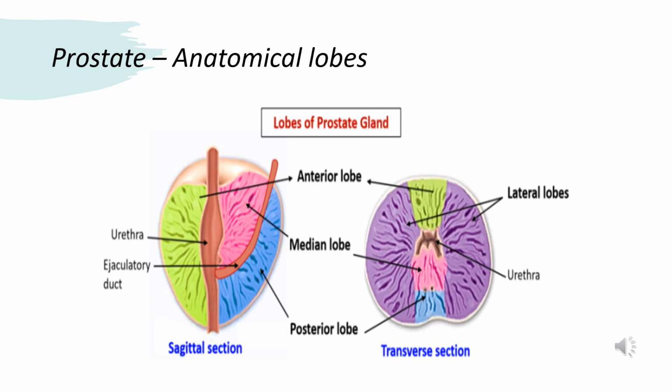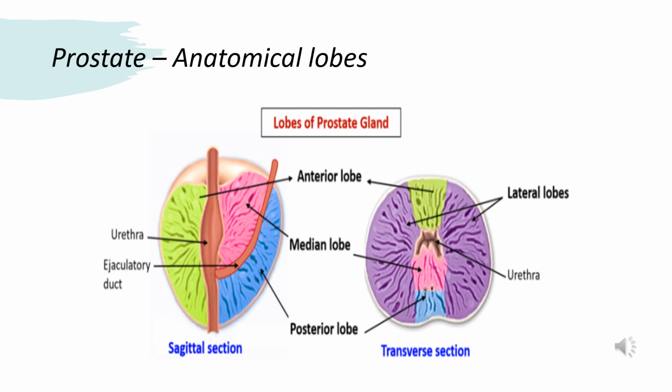The median lobe is otherwise called the middle lobe. It is wedge-shaped and lies behind the upper part of the urethra and in front of the ejaculatory ducts. Its base produces an elevation at the apex of the trigonum vesicae, which is called the uvula vesicae.